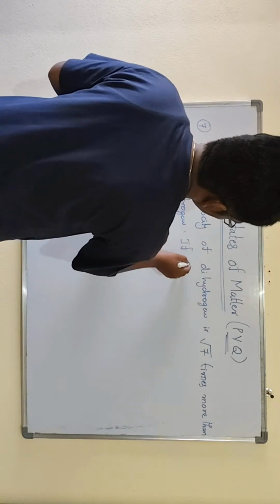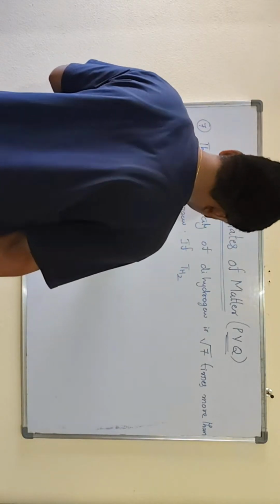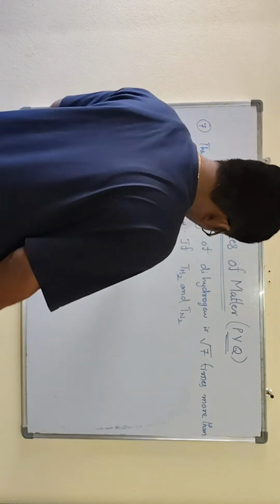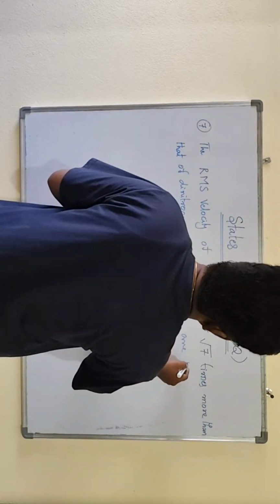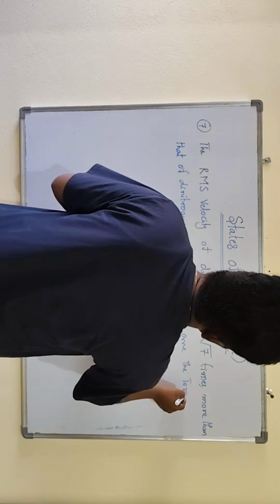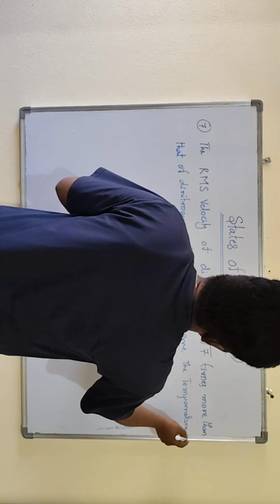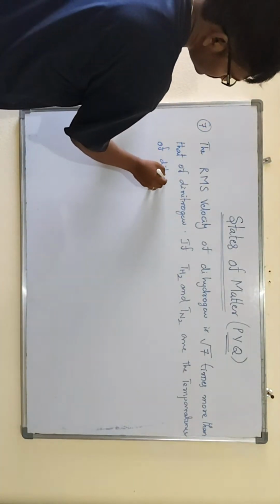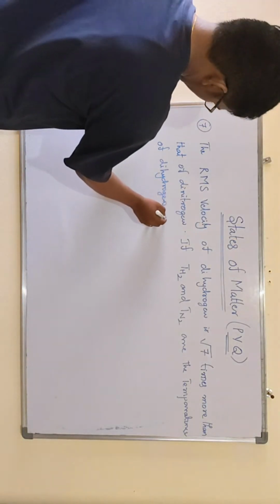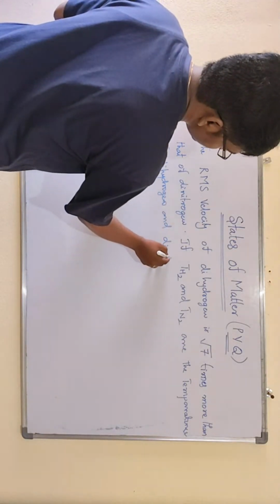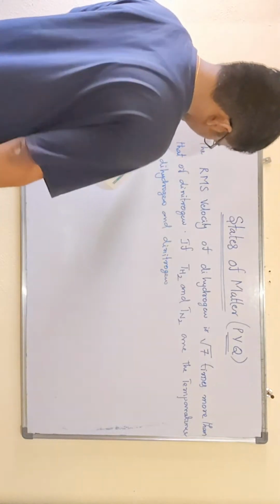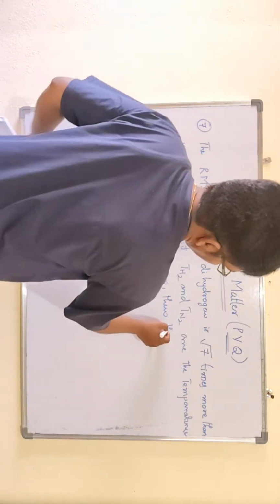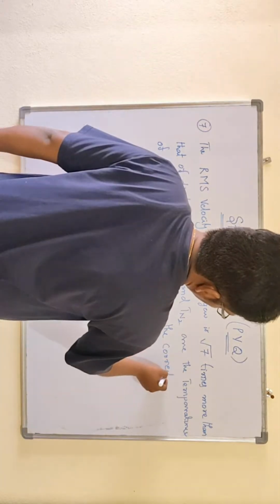If TH2 and TN2 are the temperatures of dihydrogen and dinitrogen, then the correct relationship between them.